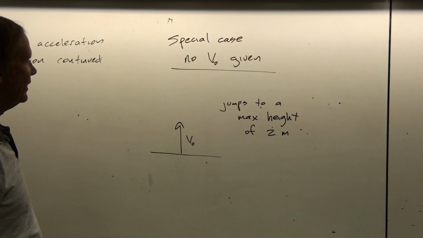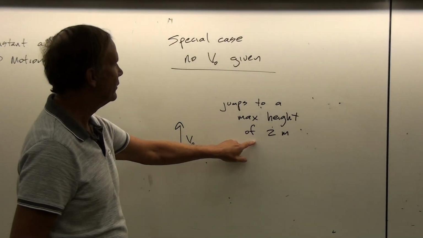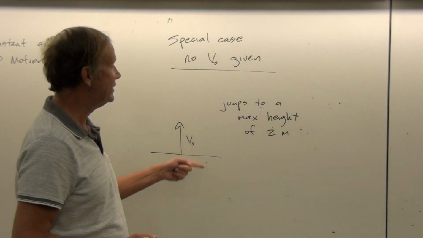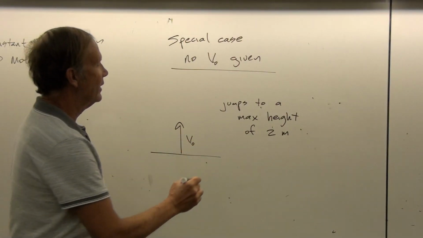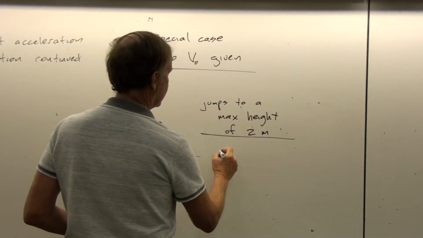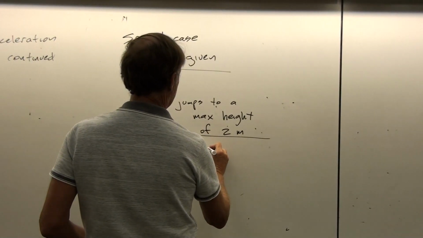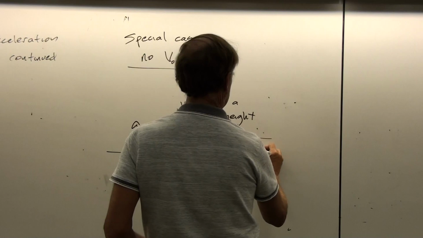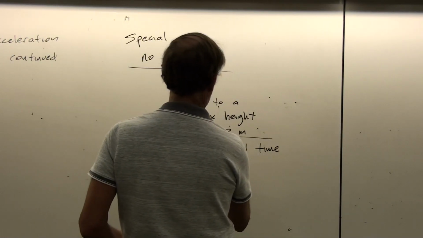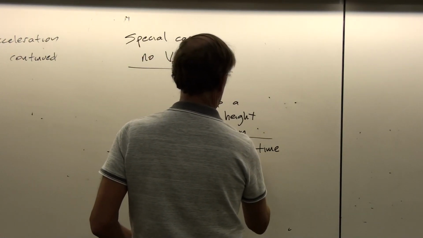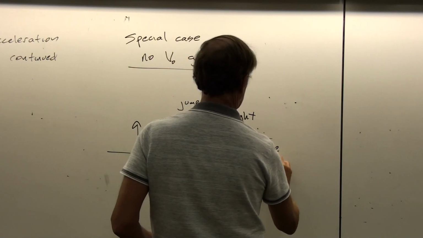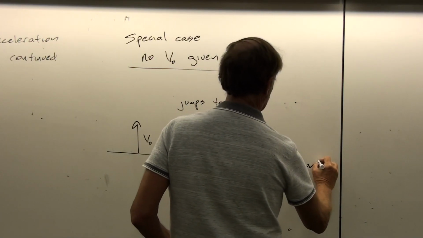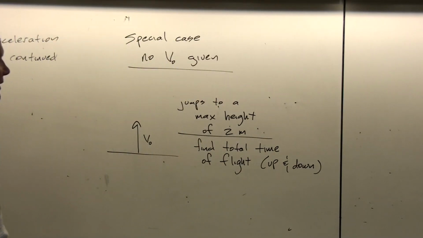Okay? And so from this information then, let's find the amount of time that it takes before the grasshopper lands back on the ground. So this is up and then back down again.